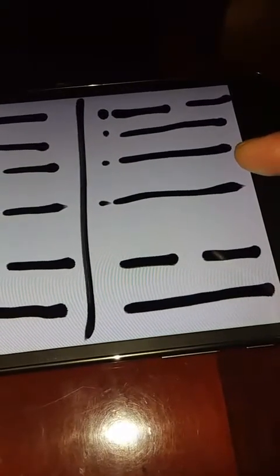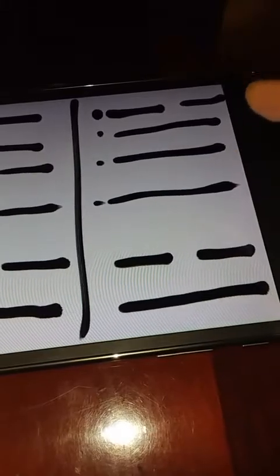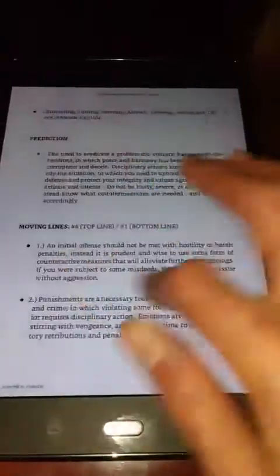We have a yang, yin, yang, and then yang, yang, yin. So we're going to have to go back into here. I wish there was an easier way to do this, but Kindle doesn't have a better method of doing this. So, all right.